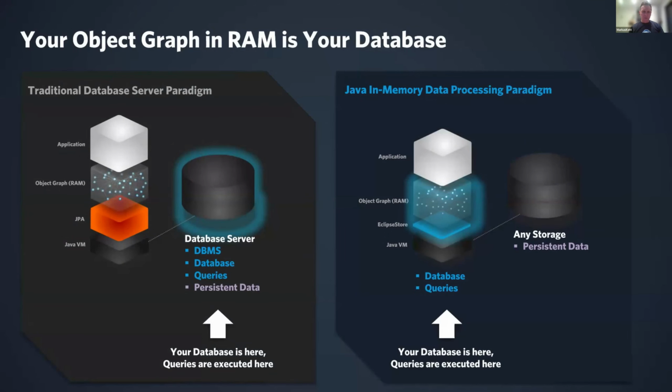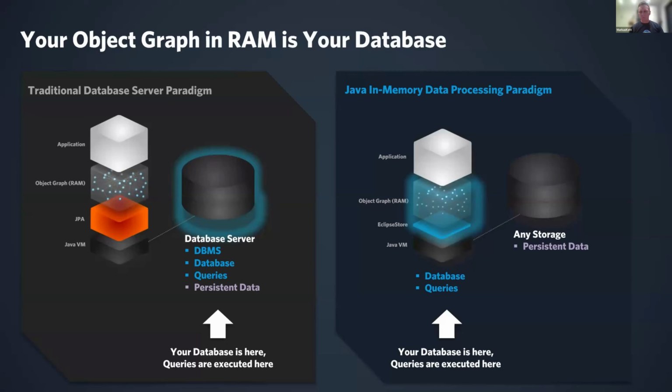On the left side, you can see again the functional principle of a database server. Here your database is located at your database server, and you search and filter on the database server, and this is very important. There your persisted data are of course stored at the database server side.